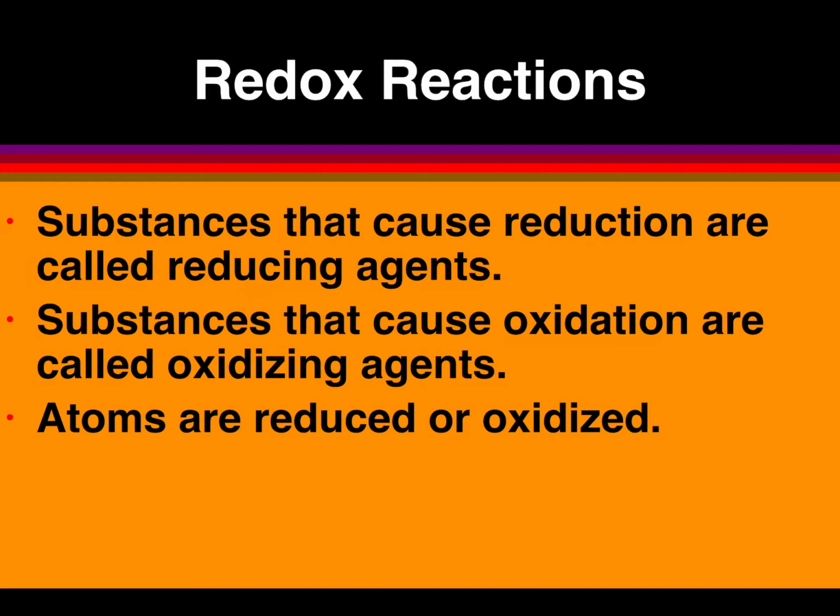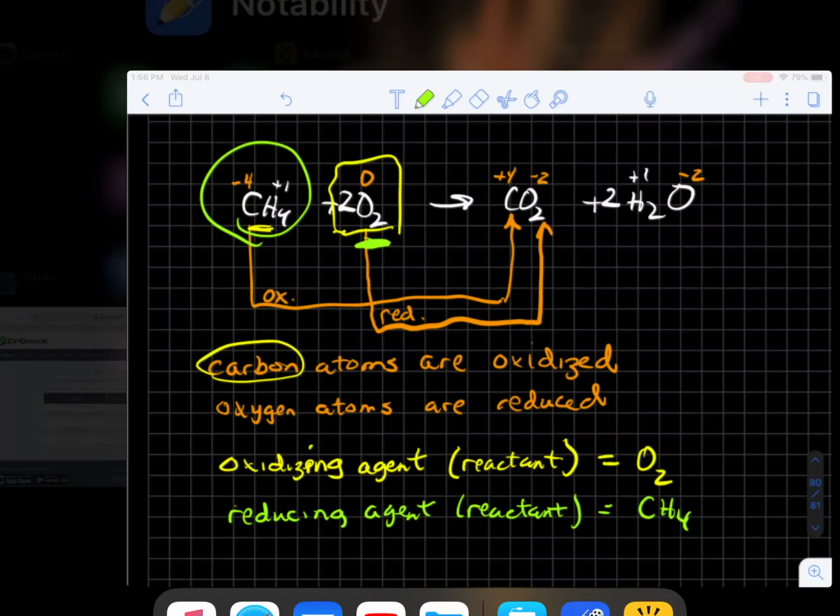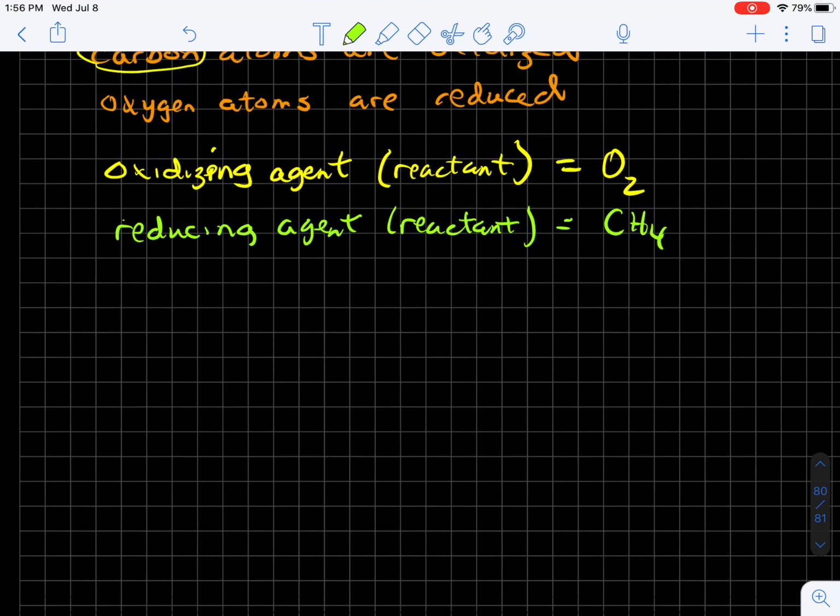The substances, the reagents that cause reduction are called reducing agents, and the substances that cause oxidation are called oxidizing agents. So they may ask you to identify in a reaction, hey, which of these things is the oxidizing agent? So you would have to figure out which atom is oxidized, and then the reagent that you add to it is the one that would be the oxidizing agent.